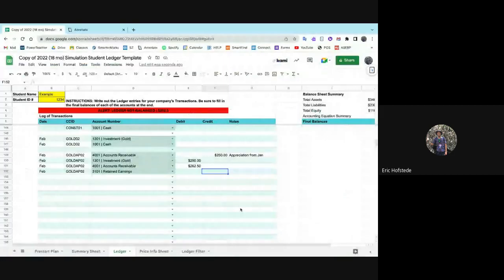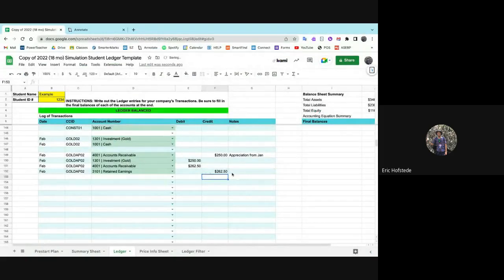So we'll increase that by $262.50. All right, and I can make a little note here. This is going to be my appreciation for February that I will then need to withdraw from the accounts receivable in March and turn into gold, right? And then I'll have a new appreciation for March, all right?